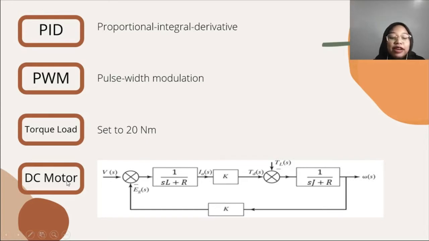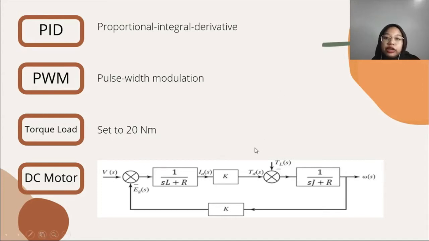The next part is the DC motor. In the DC motor block, we have another block diagram, where the first transfer function is 1 over 0.003s plus 0.5, and the second transfer function is 1 over 0.78s plus 0.016.